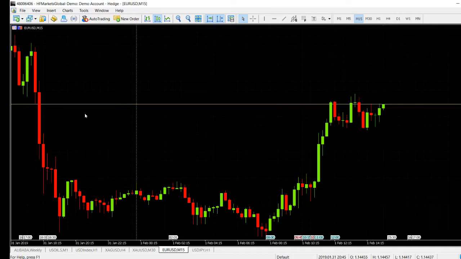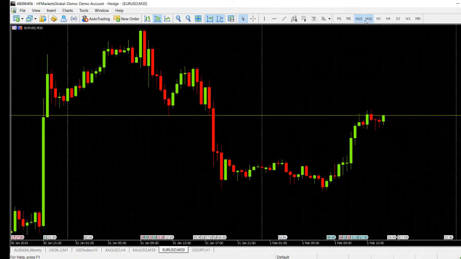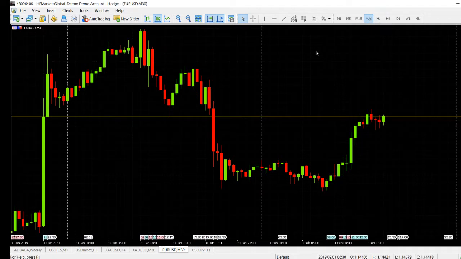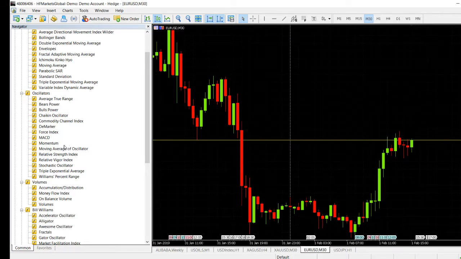How can we use this indicator? First of all, let's say, for example, we want to trade with the 1 hour chart, right? 30 minutes, 1 hour chart, which mostly you guys are trading in short-term trades, like daily trades. So let's bring the oscillator.